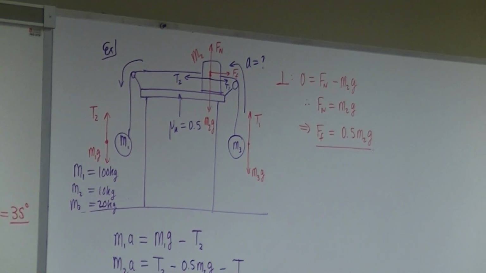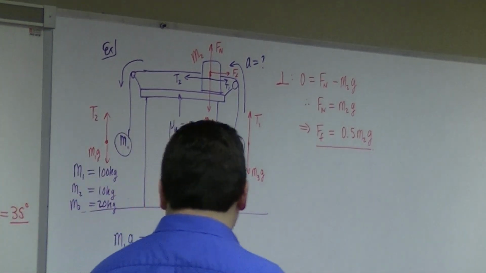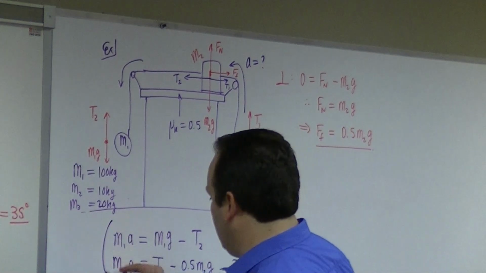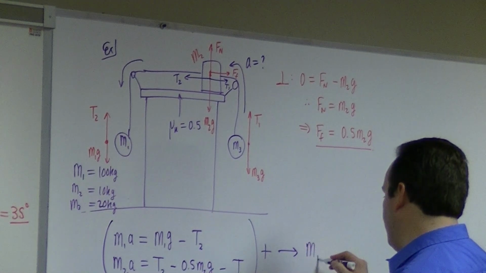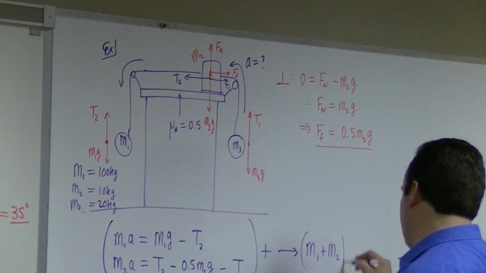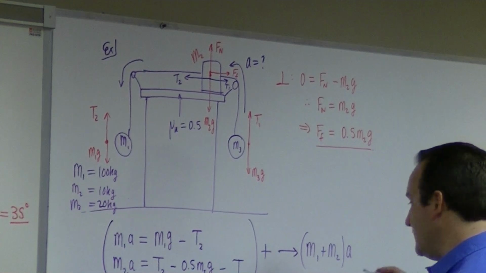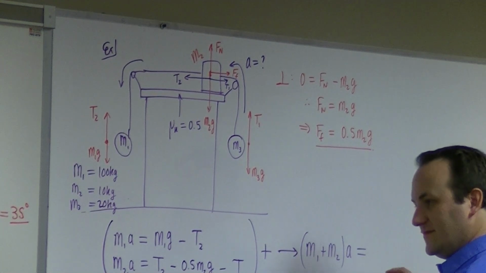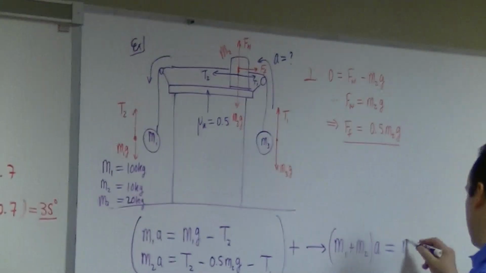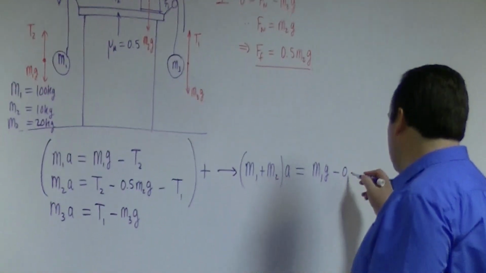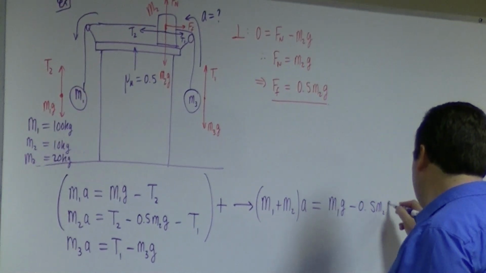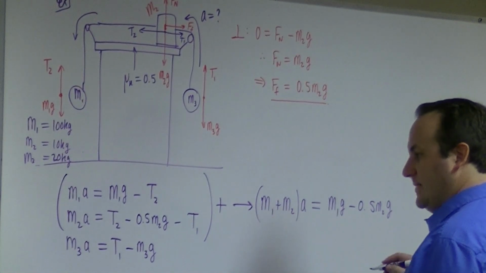Since we're after the acceleration, you want to do algebra to eliminate T1 and T2 basically, right? So the simple thing I see to do is just take these 2 equations and add them. If you add those equations, you get M1 plus M2 times A equals, the T2's cancel, M1G minus 0.5 M2G, and then minus T1, right?